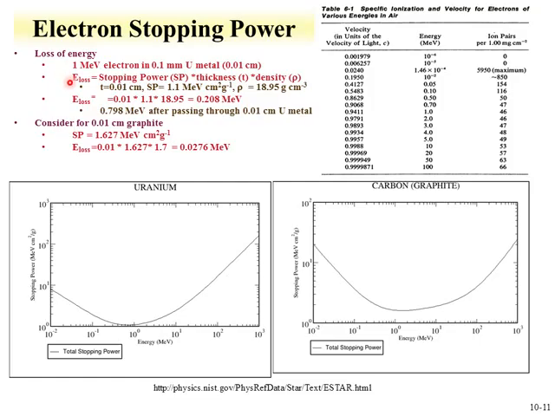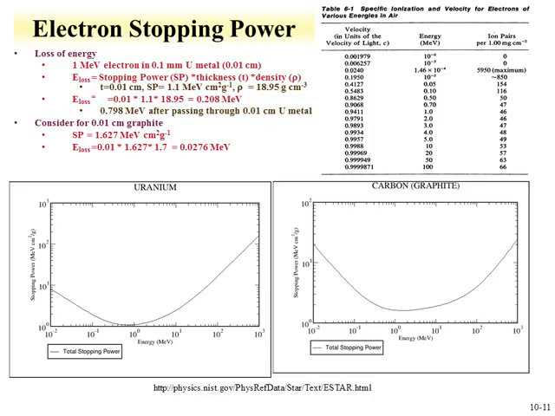Our equation for energy loss is shown here, which is, again, the stopping power times the thickness in centimeters times the density in grams per centimeter cubed. So all our units are equal. We get the energy loss equation here. We just plug in our terms where our stopping power, when we look up from the E-star program, is 1.1 MeV centimeters squared per gram.